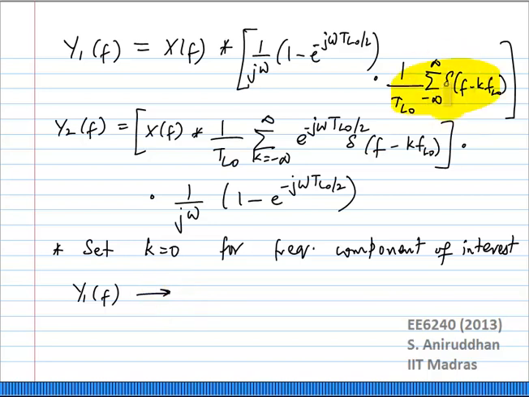This just becomes delta of f, right? This becomes just delta of f if you set k equal to 0. So what happens to this whole circled expression? Yeah, so what is that?